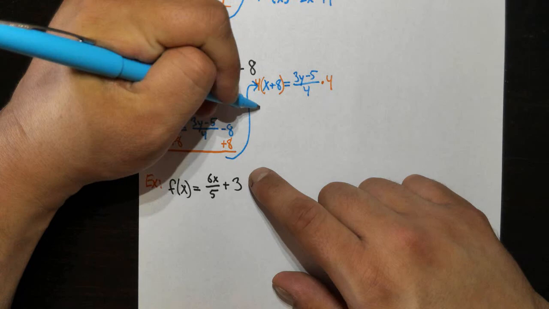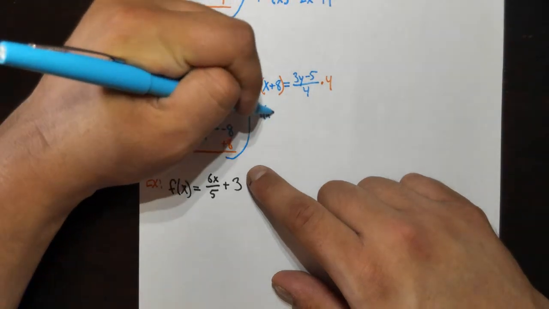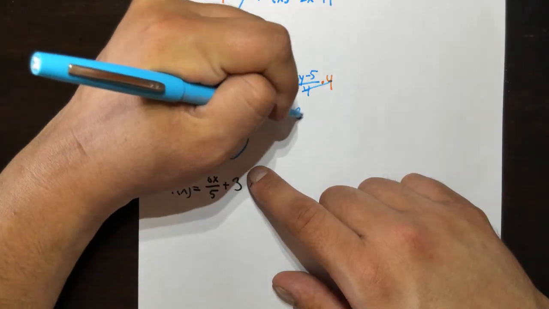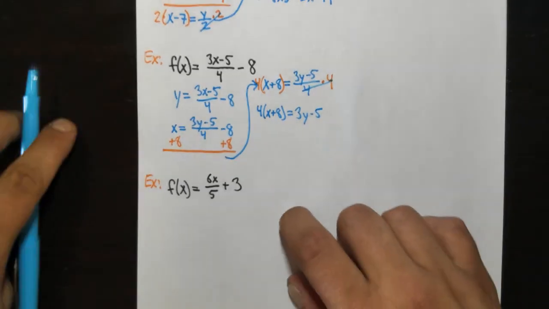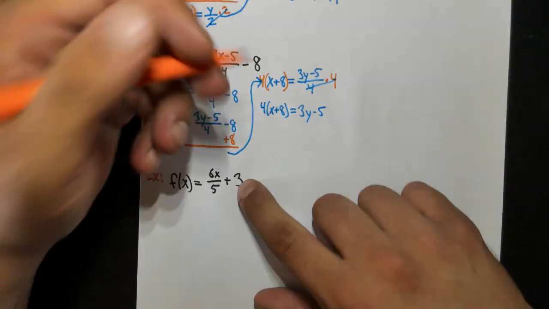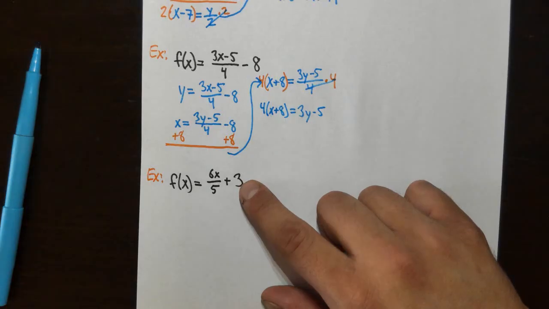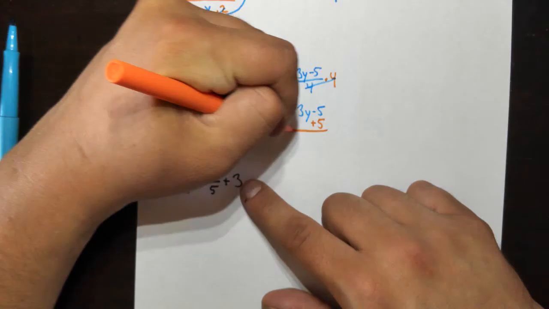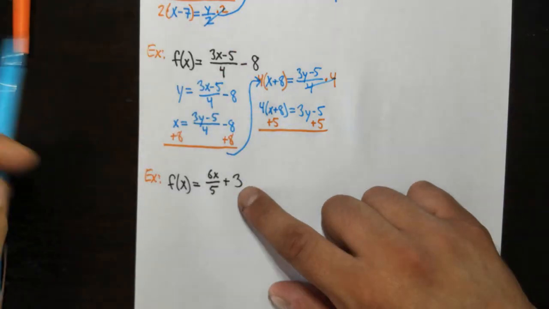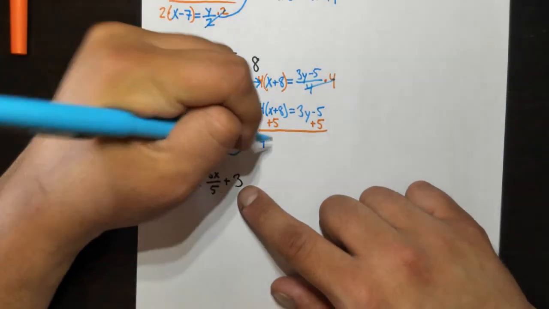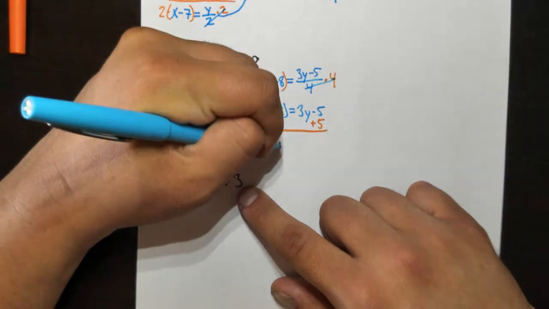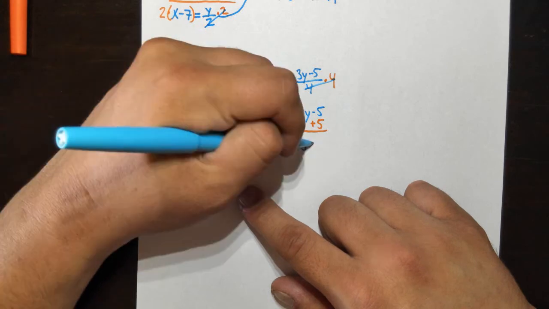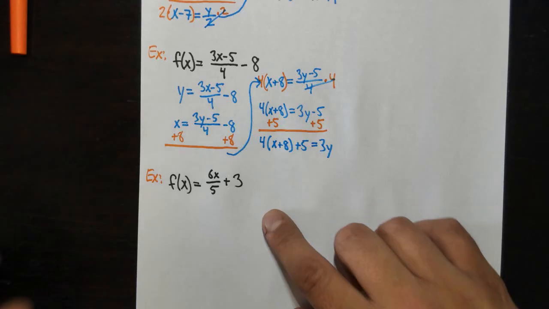And so we're going to have 4(x plus 8) equals, and this cancels, so we have 3y minus 5. And then we're going to add 5 to both sides. Which is going to give us 4 times (x plus 8) plus 5 equals 3y.